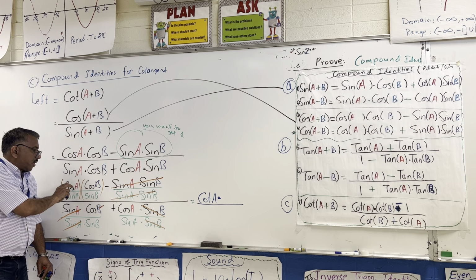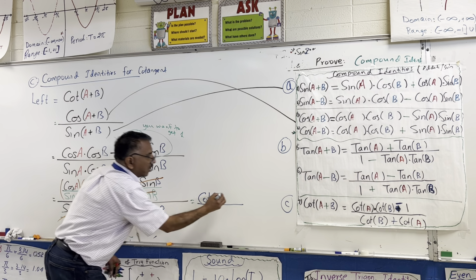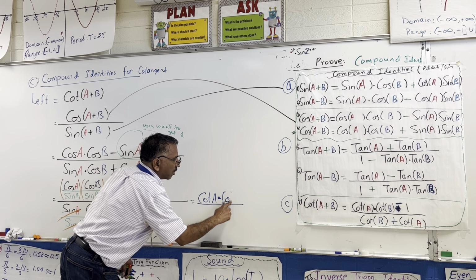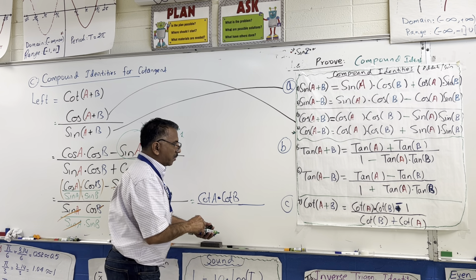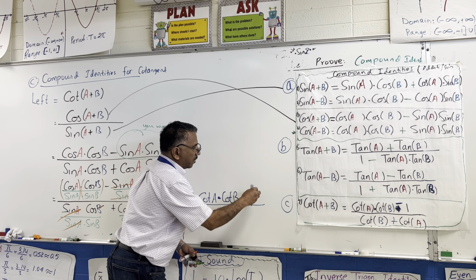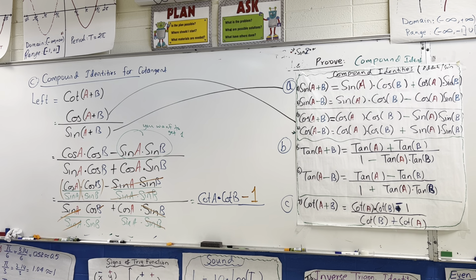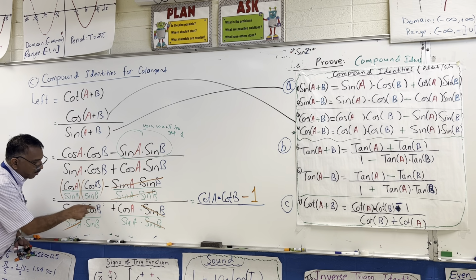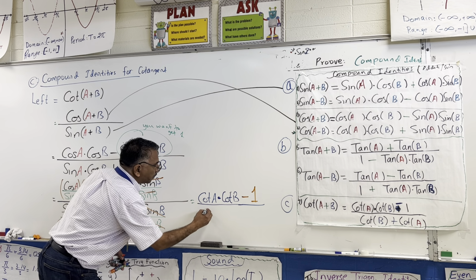So cotangent A and cotangent B, minus 1. That's the beautiful minus one, the only one you have to take care of. And the bottom one, cosine B over sine B, will be cotangent.